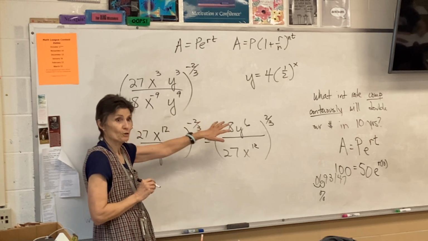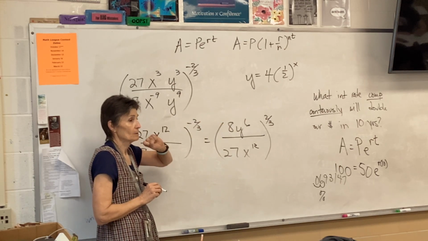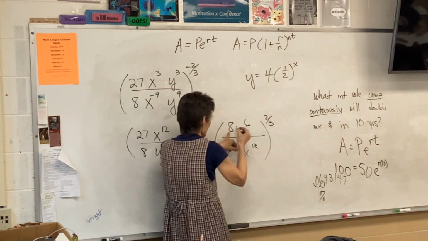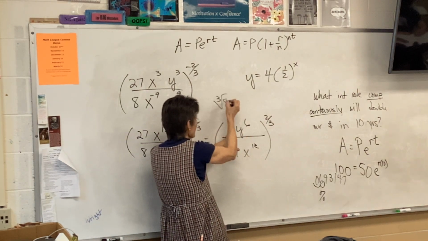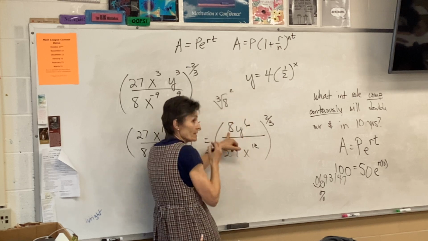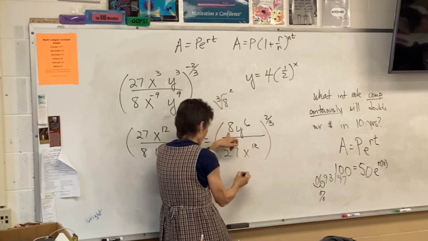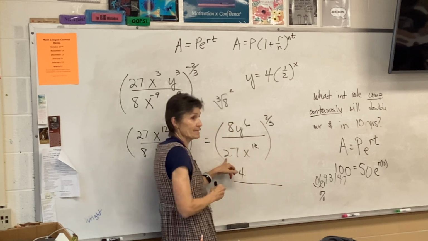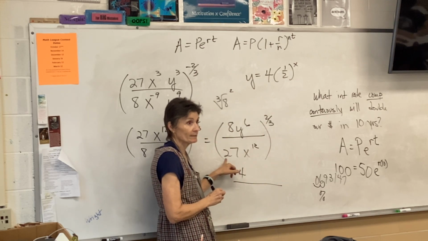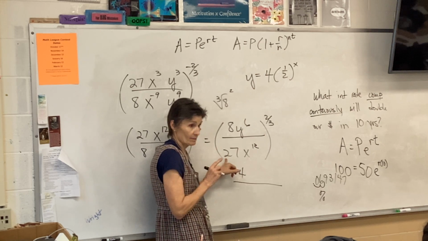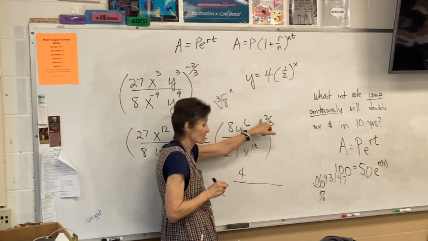Now, what does a 2/3 exponent mean? Cube root. So I need to take the cube root of 8 and square it. What is the cube root of 8 squared? 4. I need to take the cube root of 27 and square it. Cube root of 27 is 3, but it has to be squared.